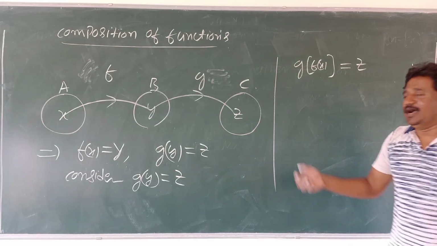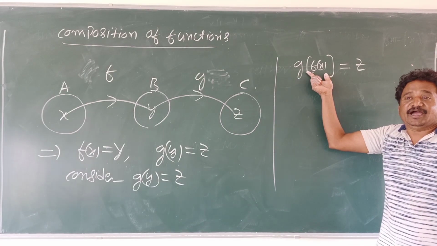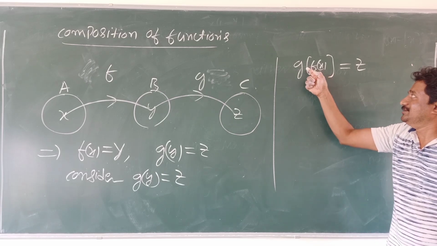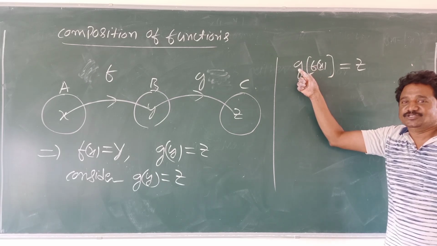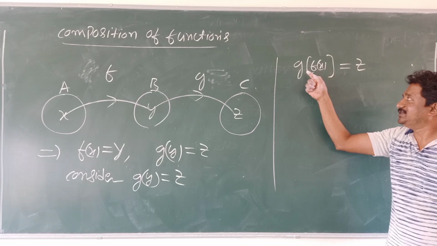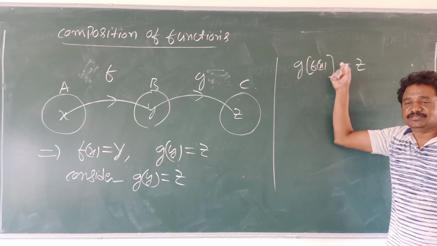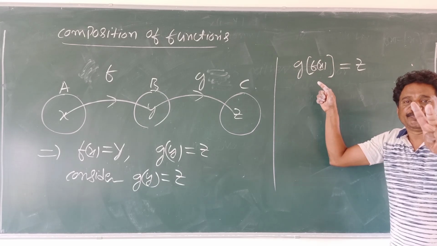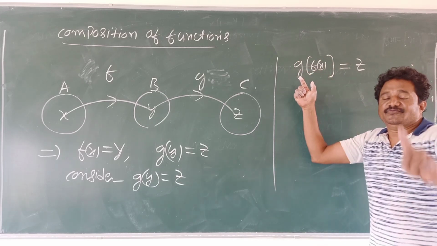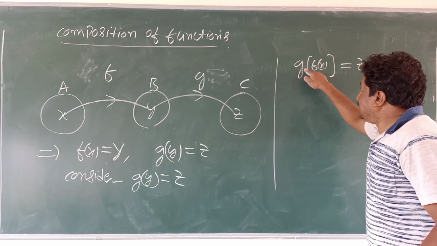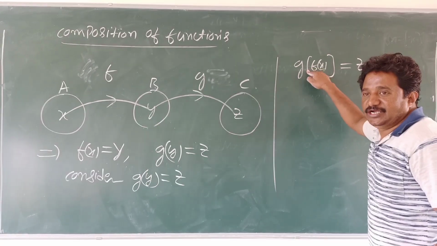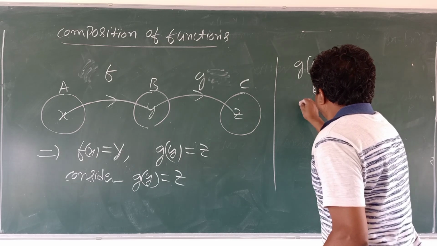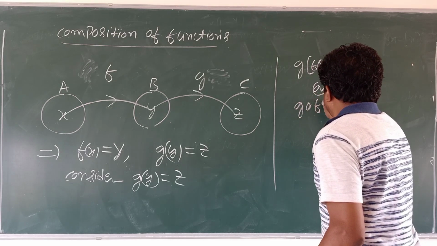Observe, students, I got a function which is the product of f and g, that is g into f(x). Here, how many functions are being combined? 2. We represent g into f(x) as g circle f.